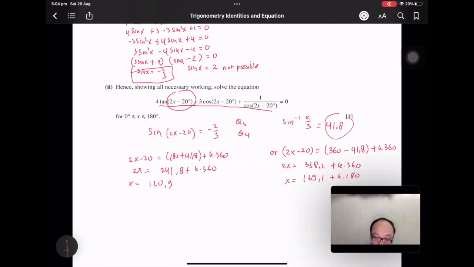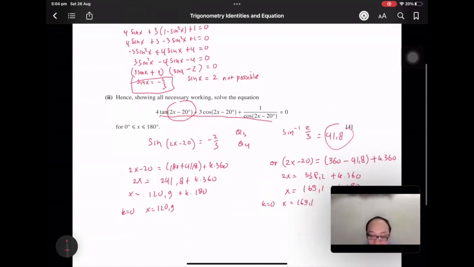So for k equals to 0, this is plus k 360, 180. For k equals to 0, x is 120.9. For k equals to 0, x equals to 169.1. So we have all the answers in the region.